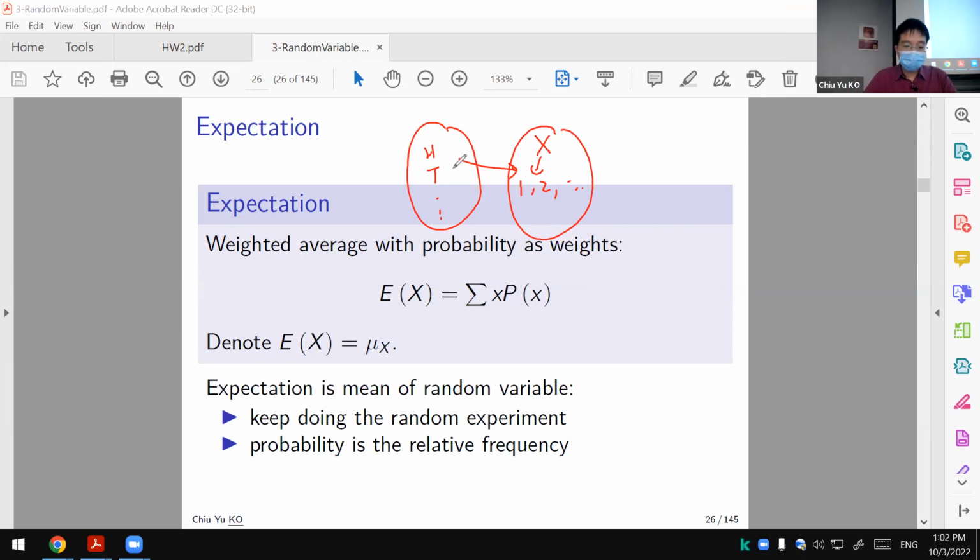So the idea is the following. Remember the idea of probability. The classical definition is that you repeat many experiments and look at the relative frequency, right? How many outcomes are favorable to the outcome, over how many experiments you have done.